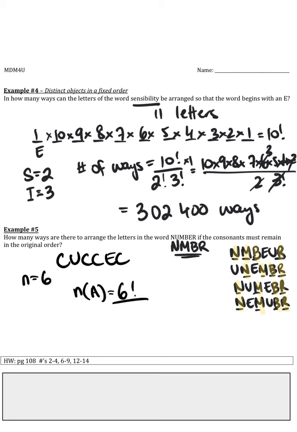But now we have to divide out the repetitions, and the repetitions are going to be 4 because we have 4 letters that have to remain in that position. So if you want to think of them as like elements, that's easier to see. It's going to be 6 factorial divided by 4 factorial, and that gives us 30. So there are 30 ways to arrange the letters, keeping the consonants in the original order.